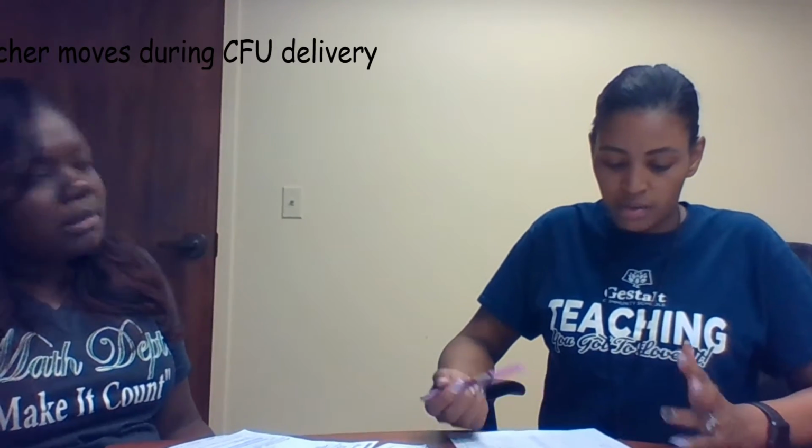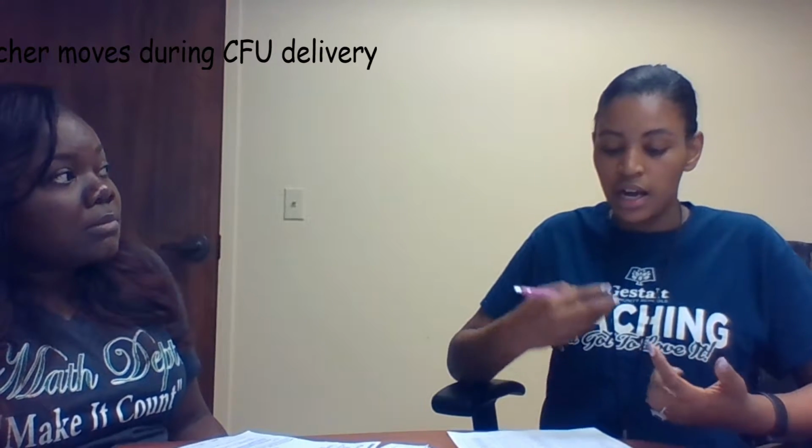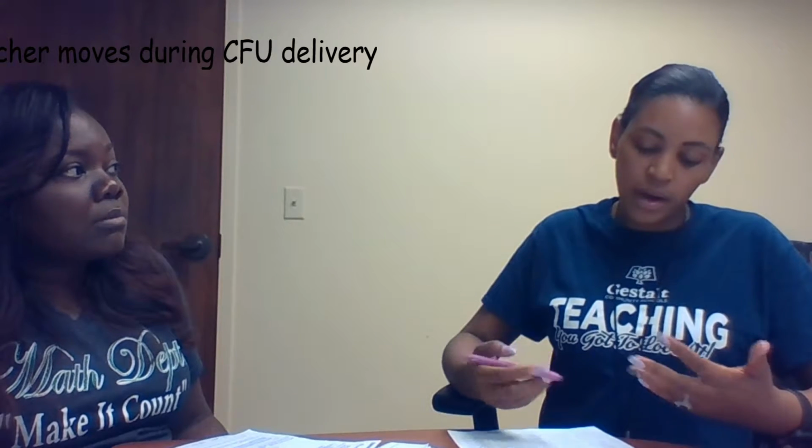I'm going to be walking around with the tracker, seeing who's on track, who's close to the answer. Some kids work faster than others, so I try to hit them first because I know they're going to be closer to the data.